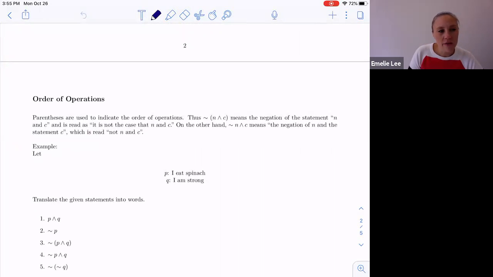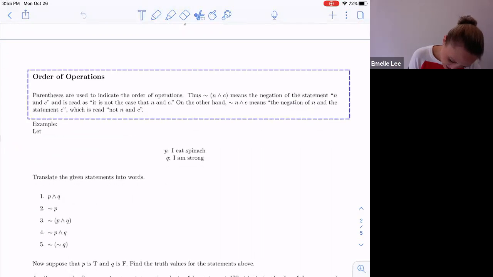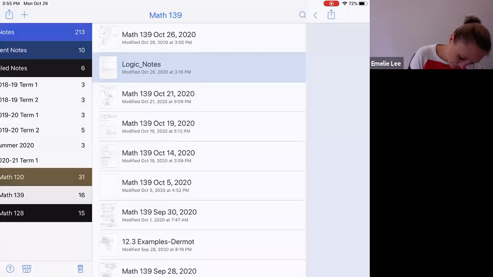We can still have order of operations, right? It's basically BEDMAS, but for logic. So the order of operations, let's just talk about this briefly here.